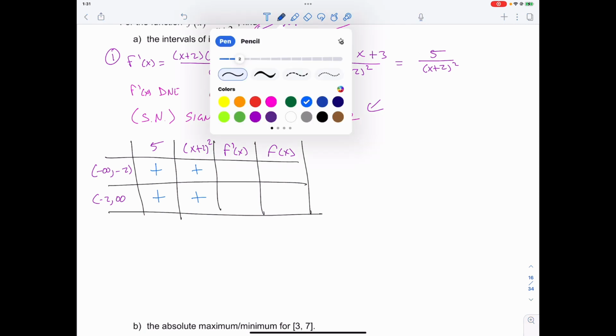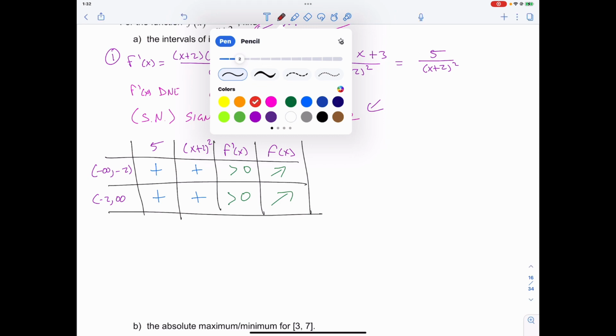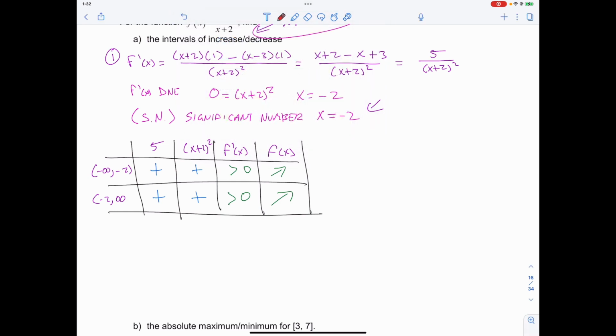Which means that this is greater than 0, and this is greater than 0, and this is increasing, and this is increasing. Well, then it looks like it's always increasing. So we'd think that if it's just always increasing, then it's going to be increasing when x is an element of negative infinity to positive infinity.